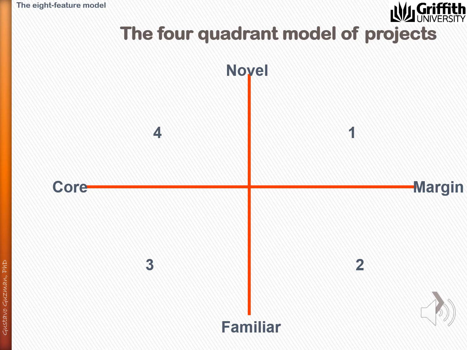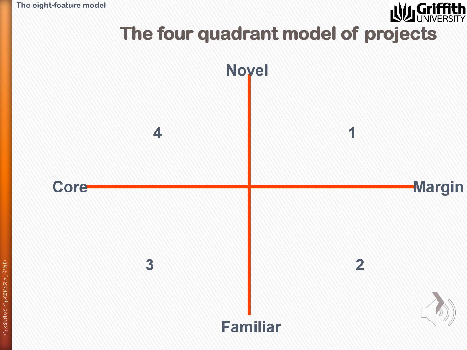In quadrant 3, projects affect the core business of the organization, but they are incremental. Time and budgets are important, of course. In quadrant 4, time and budget are critical to the survival of the organization, and changes are non-reversible. That is, any mistakes will be very costly.